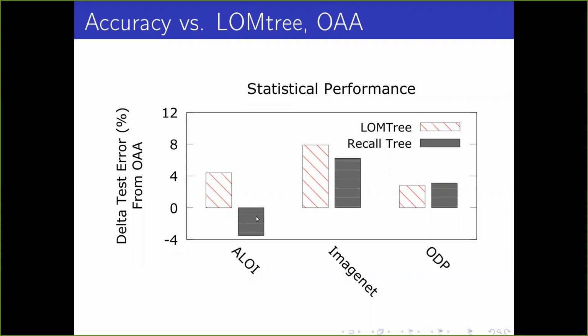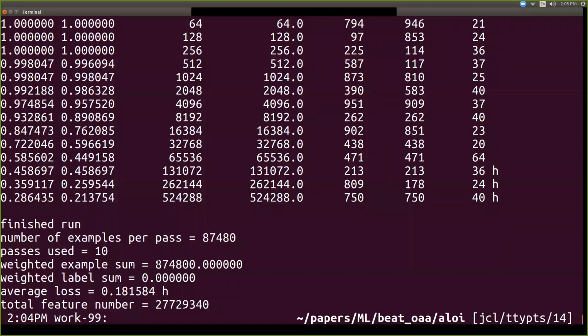So if you look at the performance here, you see that the recall tree is sometimes better than one against all, statistically. Sometimes worse, I would say more typically worse. It tends to be better than the LOM tree. So, yes, okay, we got down to 18% here.